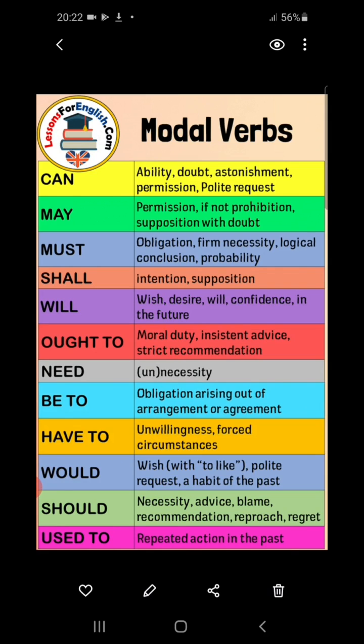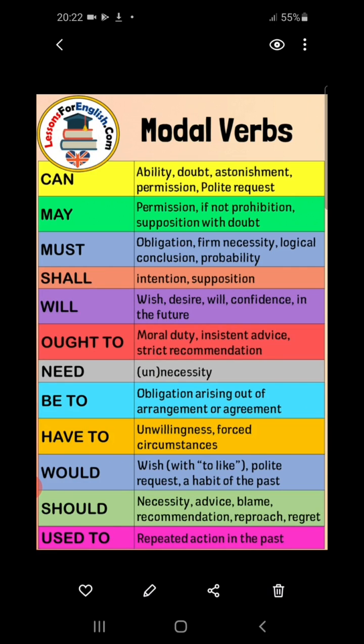Students, necessity: definitely, when the situation demands or when you have extreme need of it. Advice: when you give any kind of good or bad advice to someone, to help him or her.